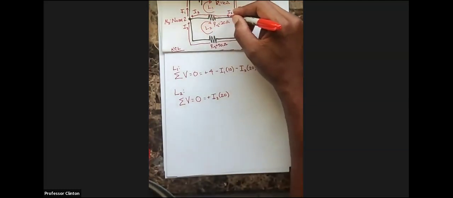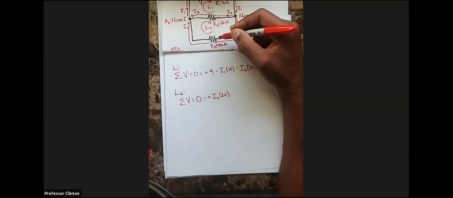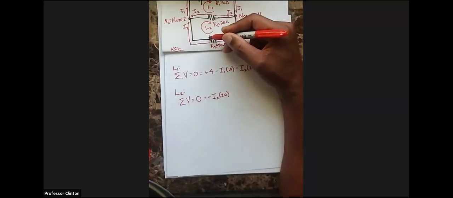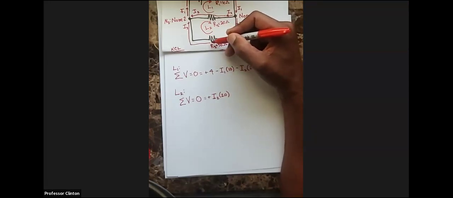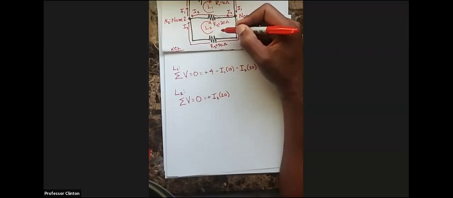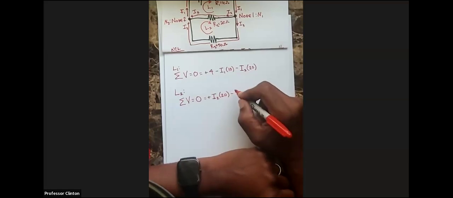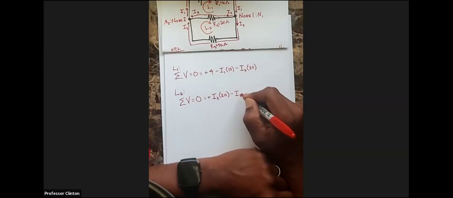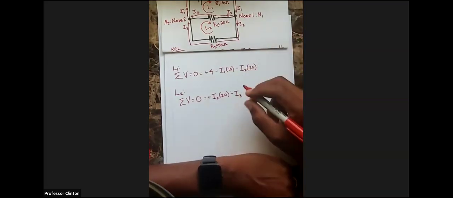We continue around, and then here we're going across this resistor in the same direction as the current. The loop travels in this direction, and so there's a voltage drop. These could be a little tricky, so you have to stay focused on the direction of the loop relative to the direction of the current.